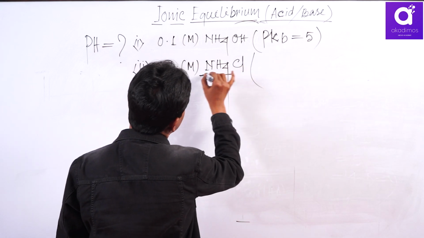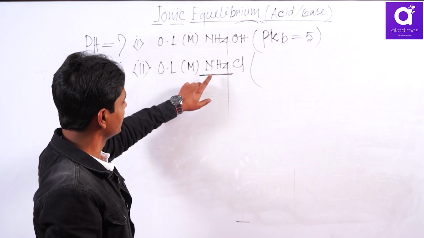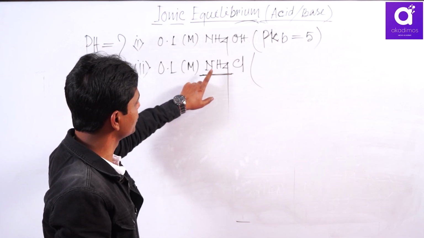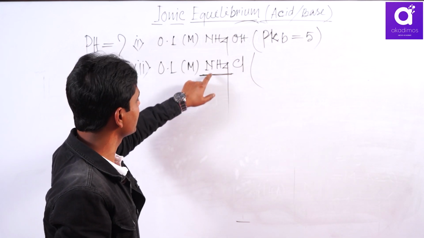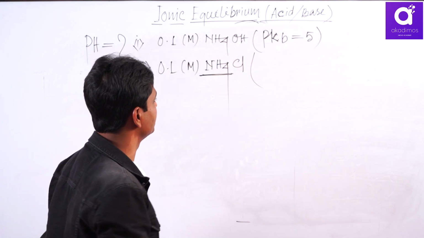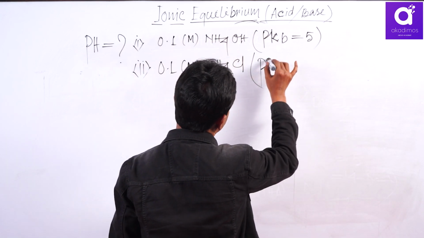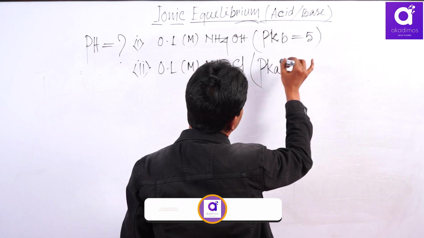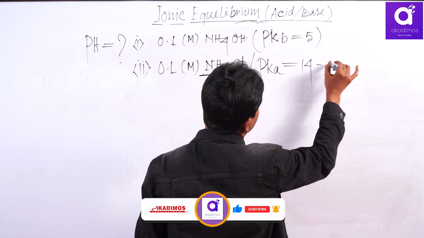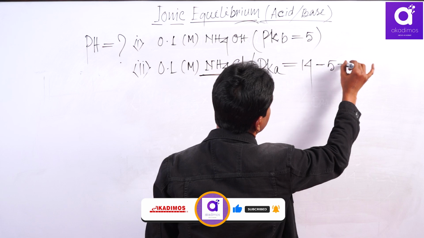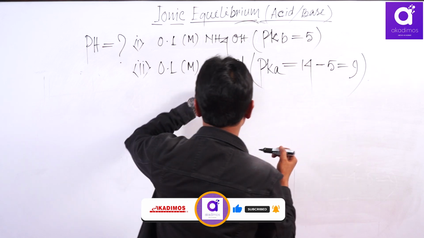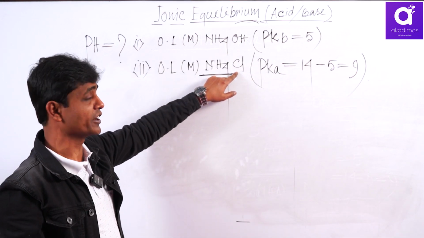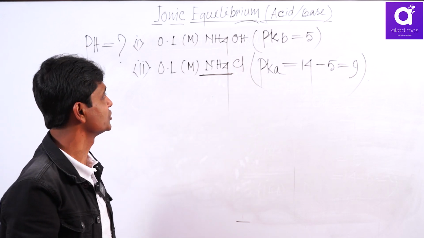Then here, similarly, I will consider NH4 plus as the conjugate acid of ammonium hydroxide, and its pKa value is 14 minus 5, equal to 9. And Cl minus comes from the strong acid, that's why it is inert with respect to the change of pH.